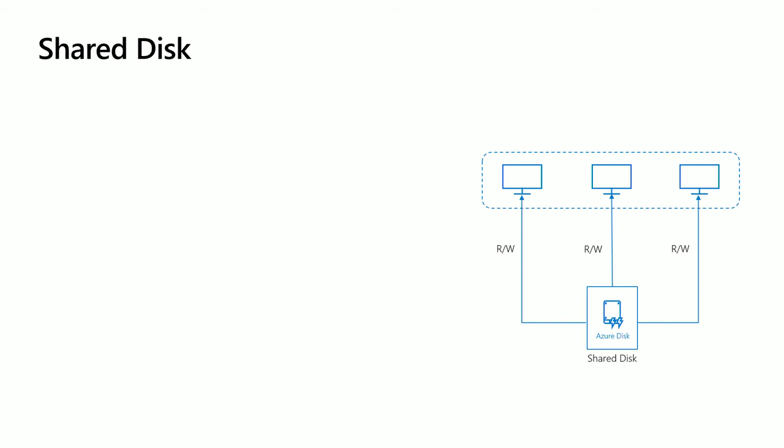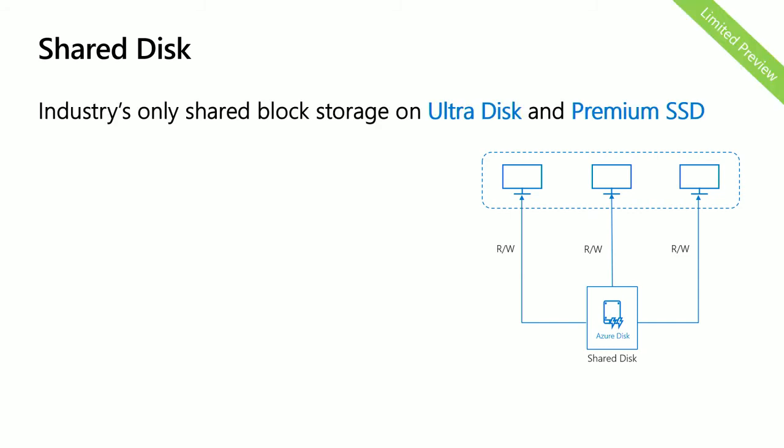Previously on Azure, to implement such a sharing scheme, most customers would set up Storage Spaces Direct and a storage pool so that it can expose SMB or NFS sharing protocols for shared disk. So today, we would like to announce the limited preview of the industry-only shared block storage on Ultra Disks and Premium SSD.